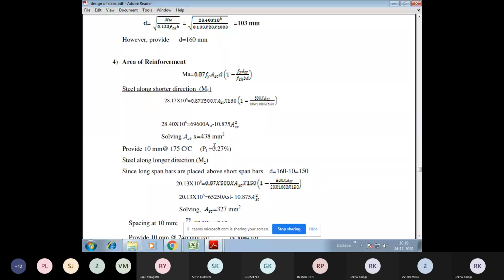438.438 mm square is the amount of steel in the x direction. So in order to find out the spacing between the bars, we can assume the diameter of the bar.